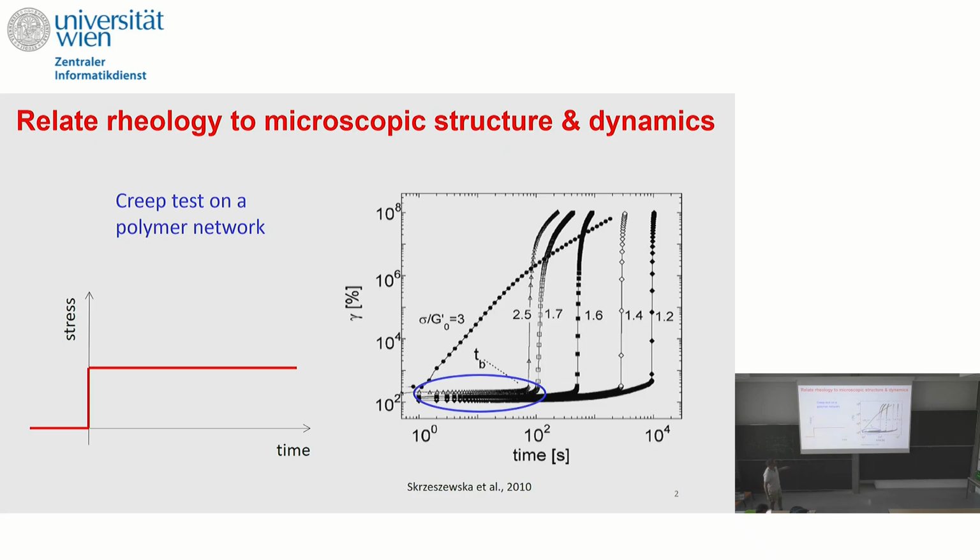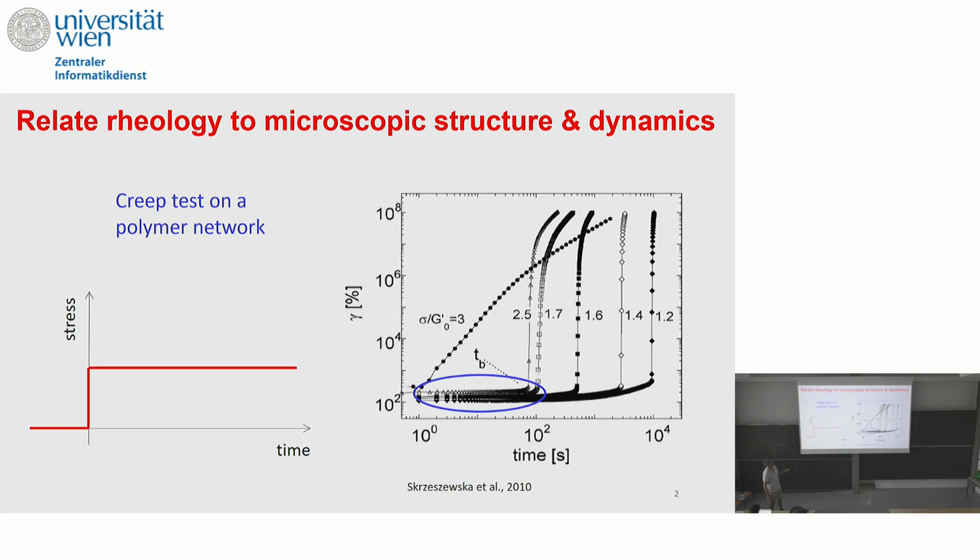But there is something very interesting that occurs if you apply a stress which is a bit smaller, and you have this delayed failure behavior, where upon applying this step stress, basically nothing happens in terms of deformation of the sample. It stays there for extended periods of time. It depends a bit on how big is the stress that you apply, but it can stay there for thousands of seconds.